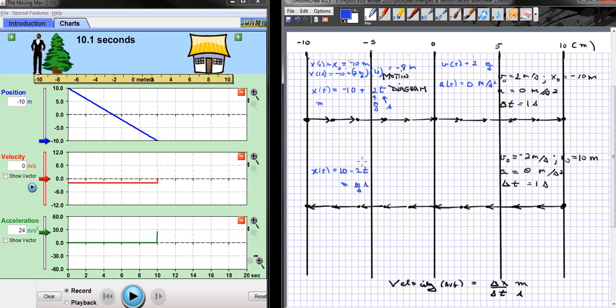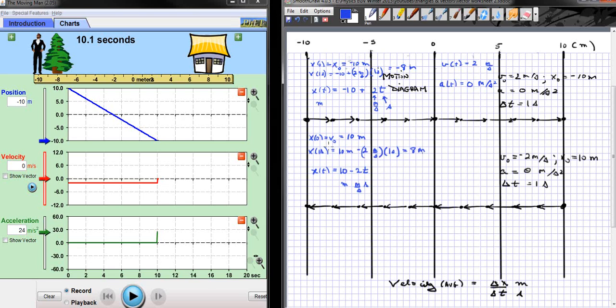And so again, if you put some numbers in, if you look at x of 0, which we're again going to call x naught, well, if you put t equal to 0 in here, you get 10 meters. Well, that's his starting position. And x of 1, doing the same kind of thing that we did above, x of 1 second is equal to, putting the numbers into this equation, 10 meters minus 2 meters per second times 1 second is equal to 8 meters.